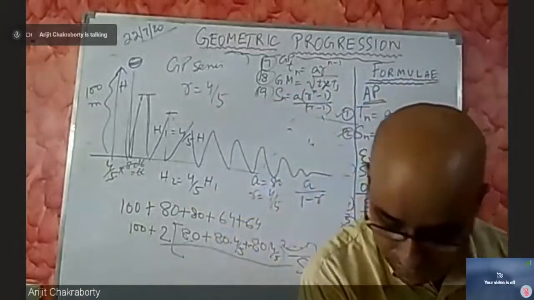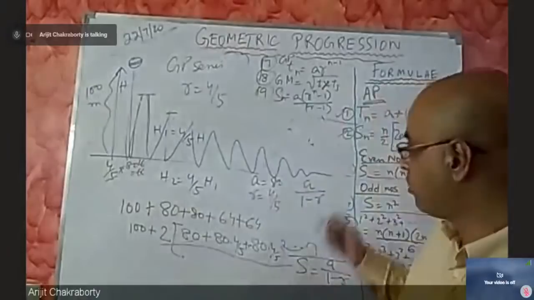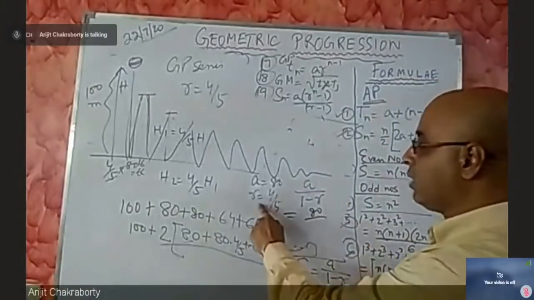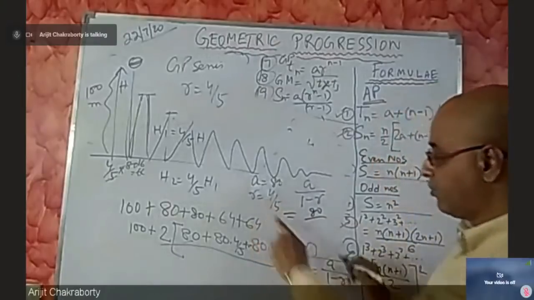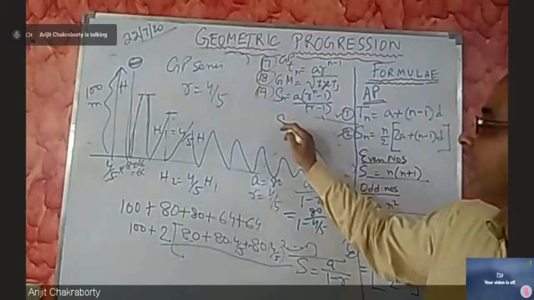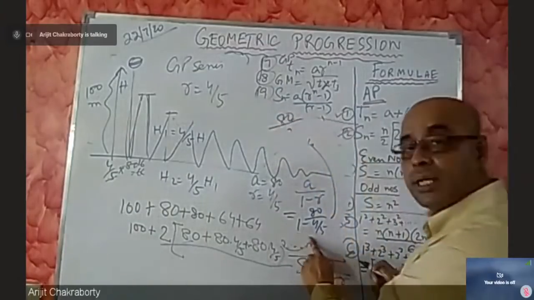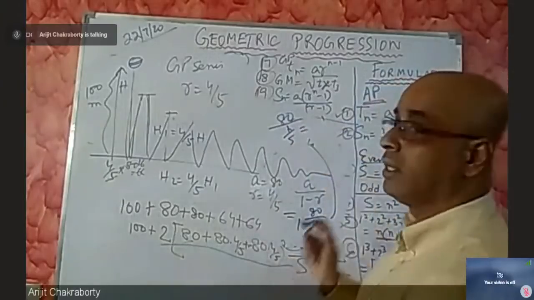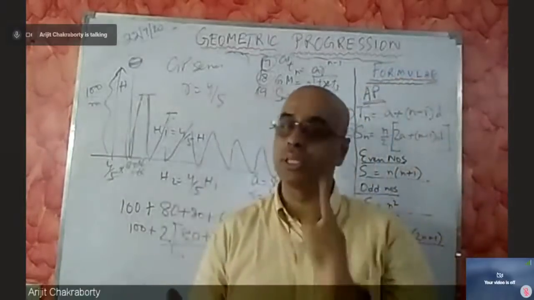Here A is 80, 1 minus R, R is 4/5, so 1 minus 4/5 is 1/5. So 80 divided by 1/5, that means 80 into 5, which is 400.